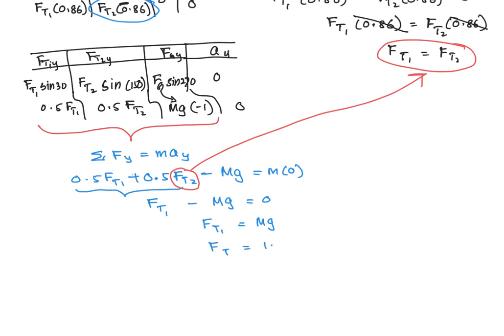Let's say it is 1.5 kilograms and g is 9.8, and the answer for FT1 equals 14.7, and this is the final answer. Since FT1 and FT2 are equal, FT2, that's the tension on the other string, also is 14.7.